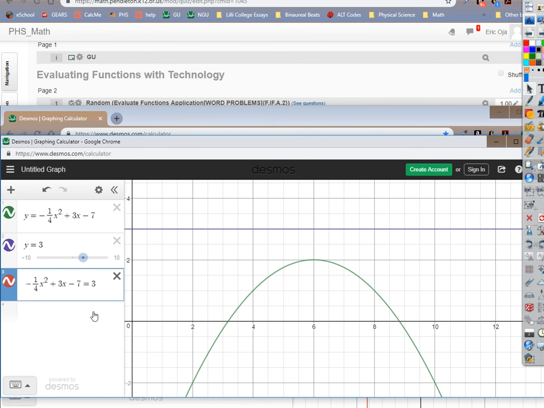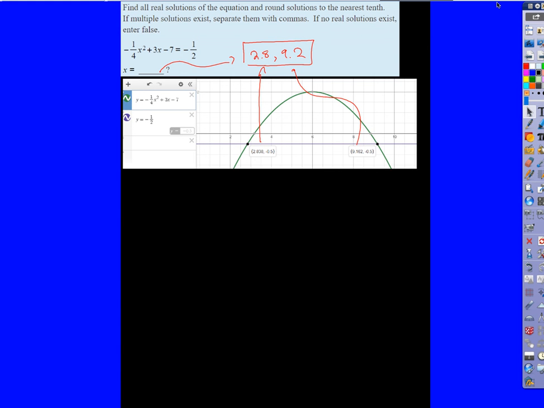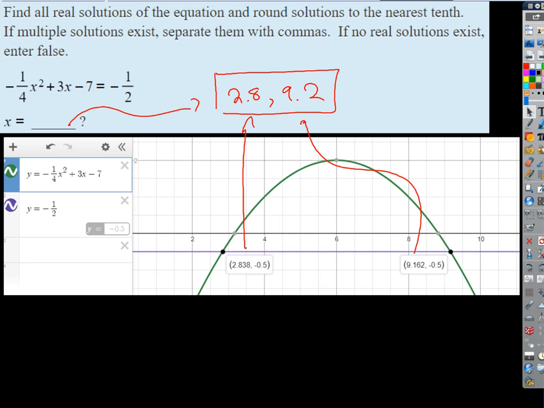So it's a minor weakness, but I really do think it's better to graph these two things visually. And if I don't see any intersections, then that means I've got no real solutions. And that's what it's looking for, real solutions. If we were looking for imaginary solutions, this wouldn't work. It's only going to give us the real solutions. Right. Okay. Good? Go. Work.